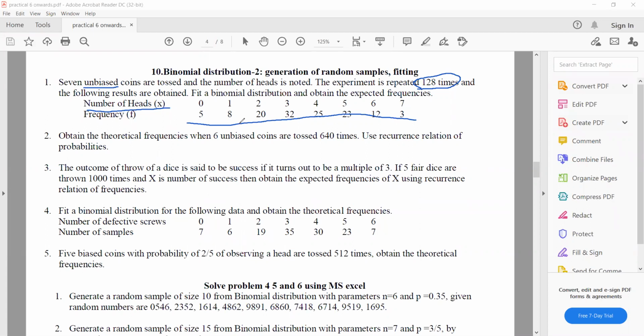If you are getting almost the same frequencies in the observed as well as the theoretical case, then we say this scenario very well gets along with the properties of the binomial distribution.